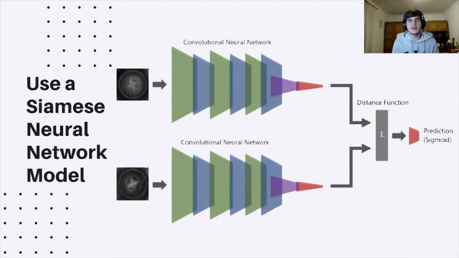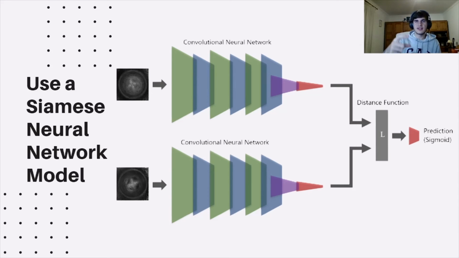A Siamese neural network works like this: we have 2 convolutional neural networks that are parallel and similar. At the end of each convolutional neural network, there's a feature vector that summarizes the input, and after these feature vectors, there's a distance function.